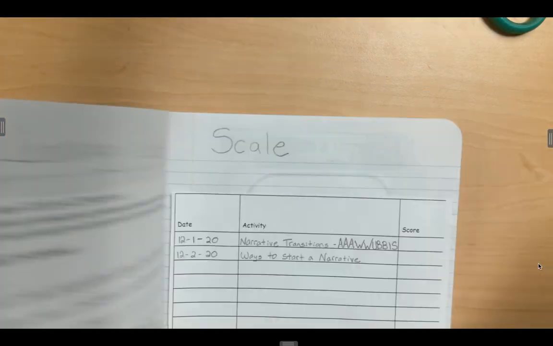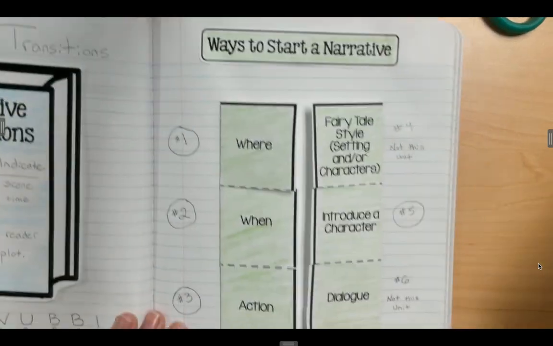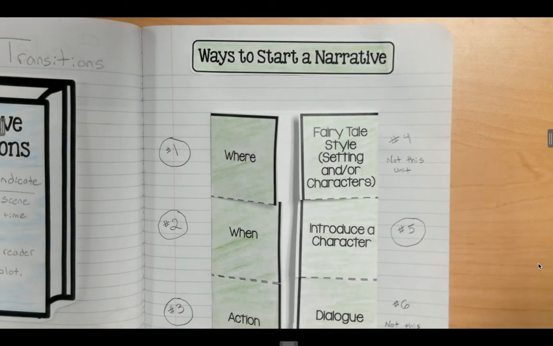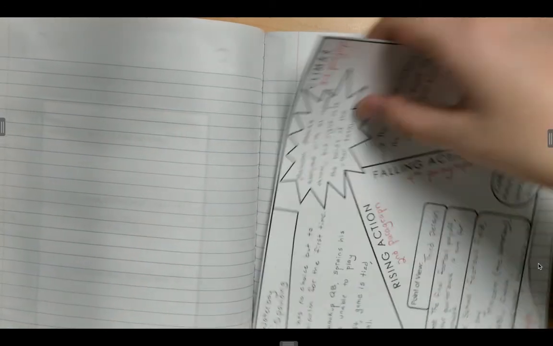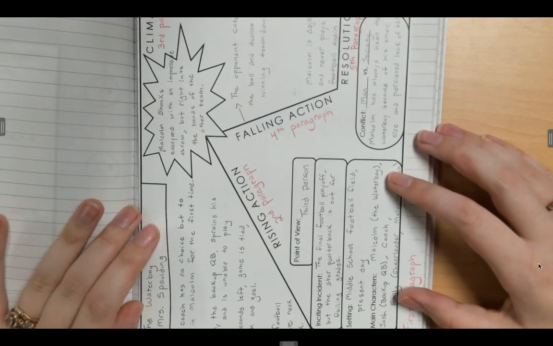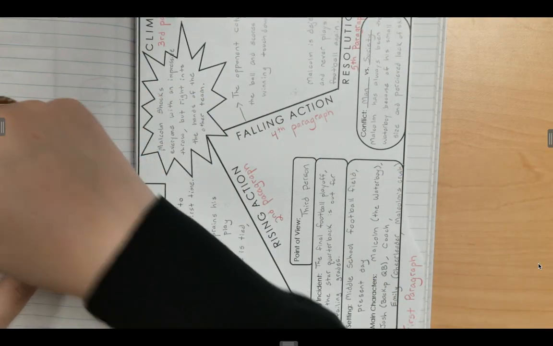So we will open to page 31. So we have page 30, which is our ways to start a narrative. We are not going to glue on the back side of ways to start a narrative. We are going to glue our plot diagram on page 31 and not over here.